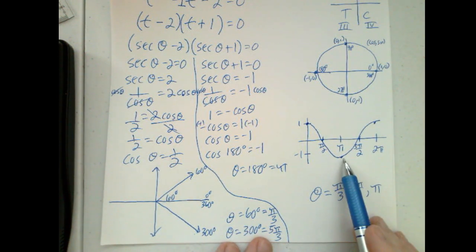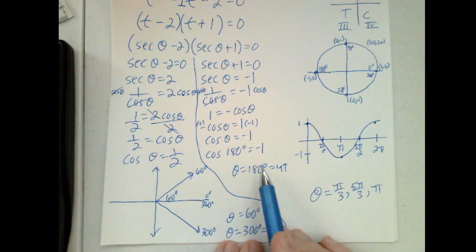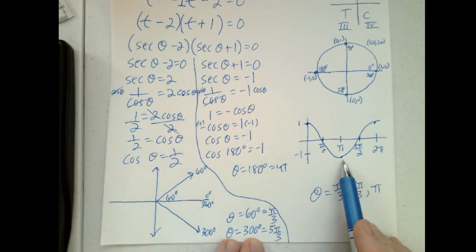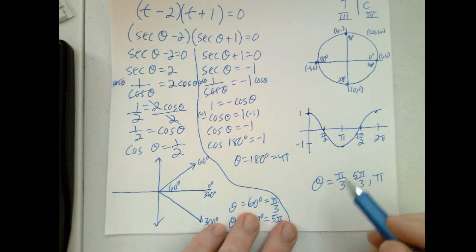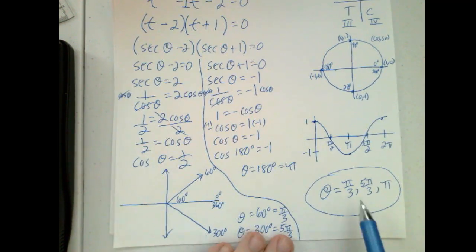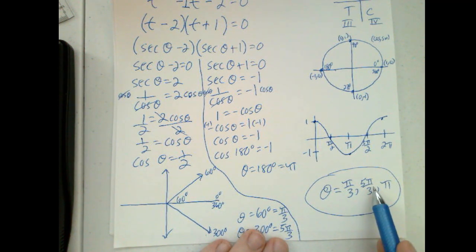So notice that where we have pi, the graph is -1 right here. So that's the other way you can determine what angle cosine is -1. So in any event, the solution to this is theta equals pi over 3 comma pi, 5 pi over 3 comma pi.